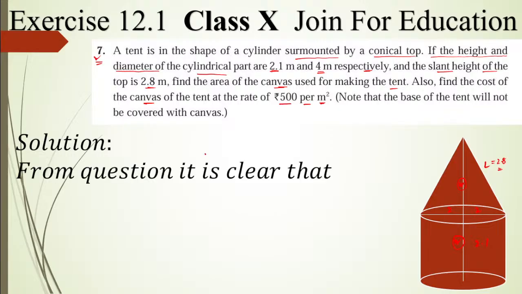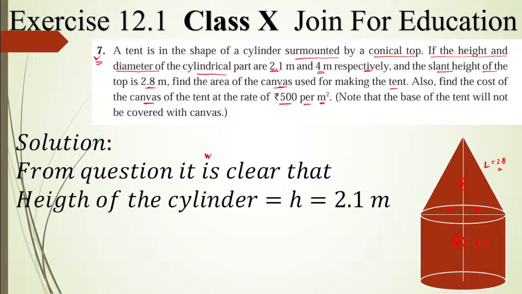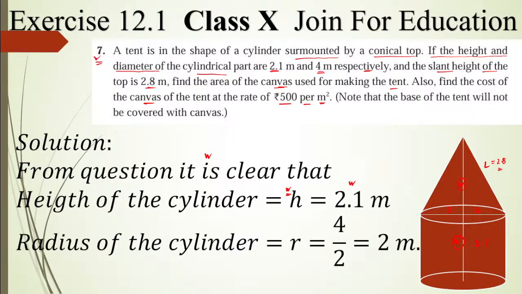From the question it is clear that height of the cylinder, which is generally denoted by h, equals 2.1 meter according to the question, and radius of the cylinder, which is generally denoted by r, is 4 by 2 equals 2 meter.